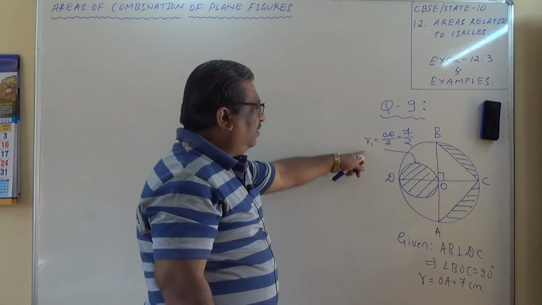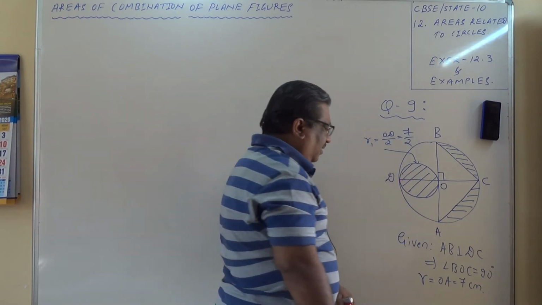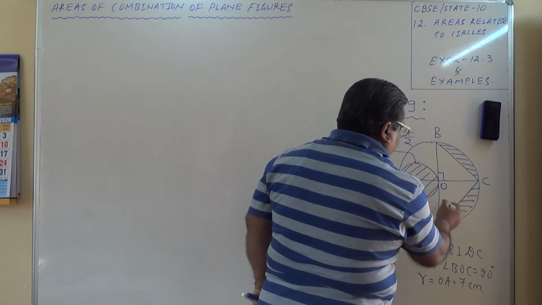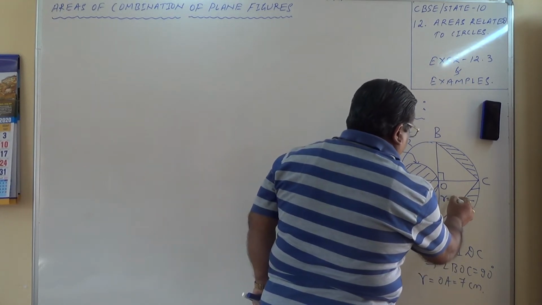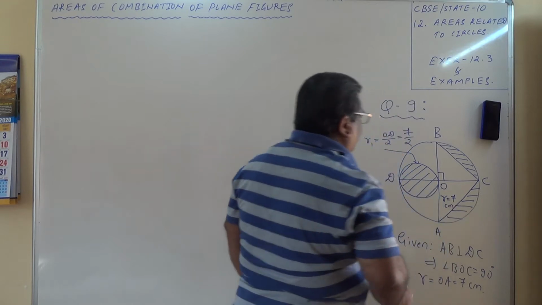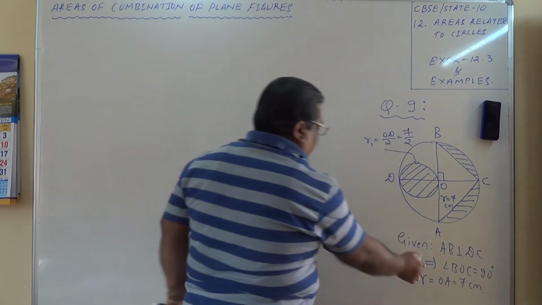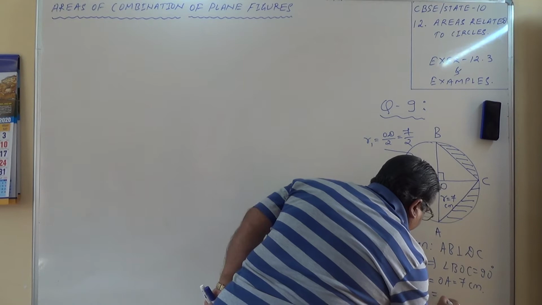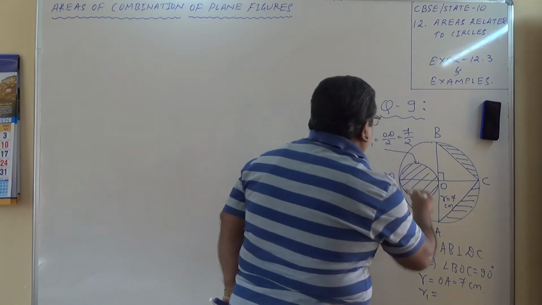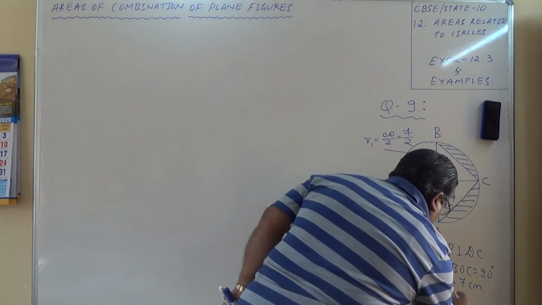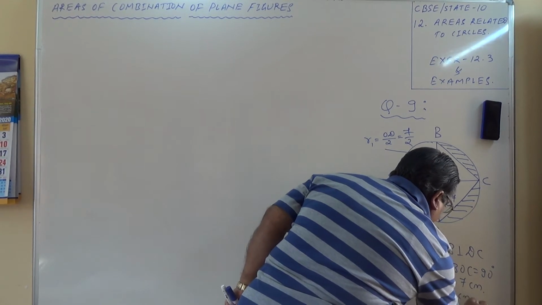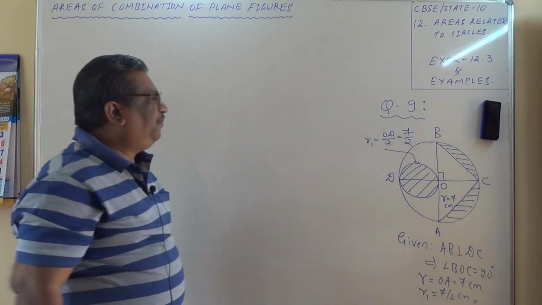R1 is the radius of the small circle, and R equals OA, which equals 7 centimeter. R is given to you, and also R1 equals 7 by 2 centimeter. This is the given information.